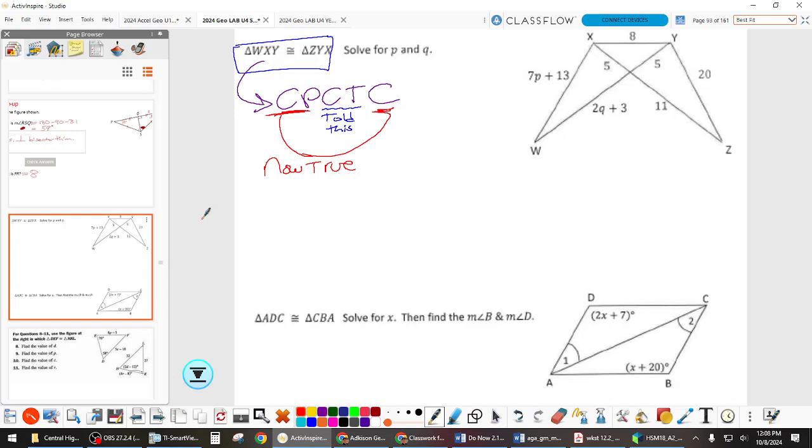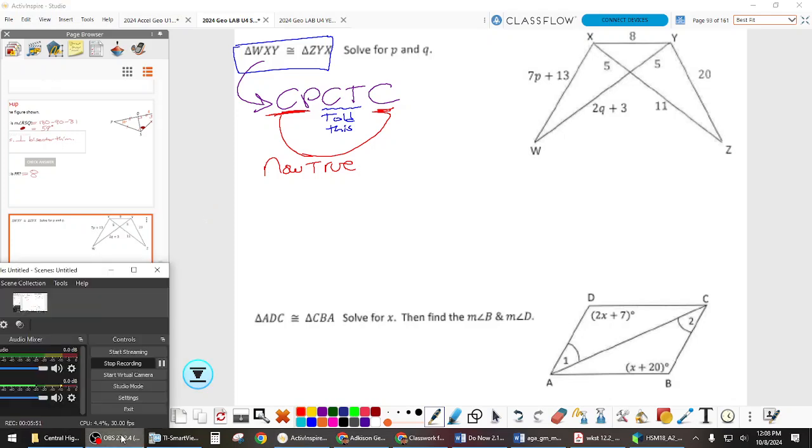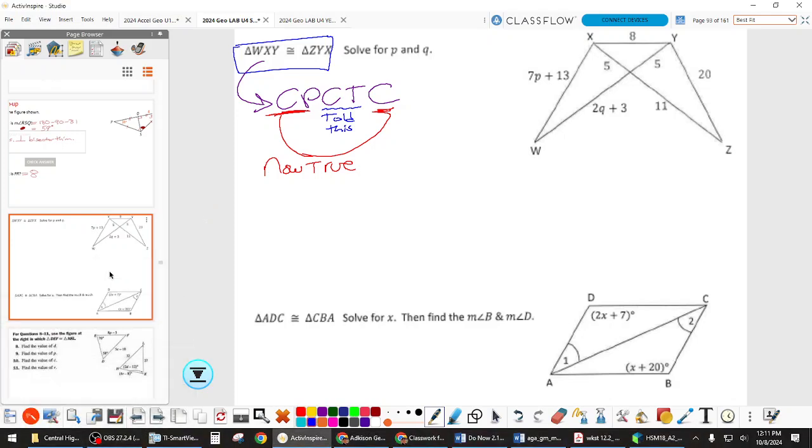So it's telling us to solve for P and Q. I'm going to give you a second to try that. Let's do P first. So we know that corresponding parts are congruent. Well, what is a corresponding part with the part that has a P?